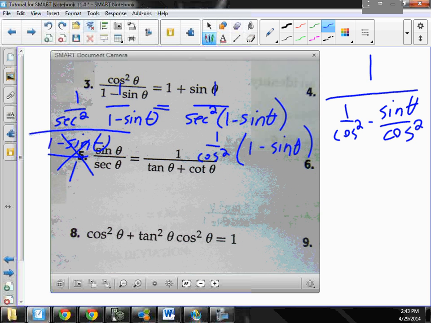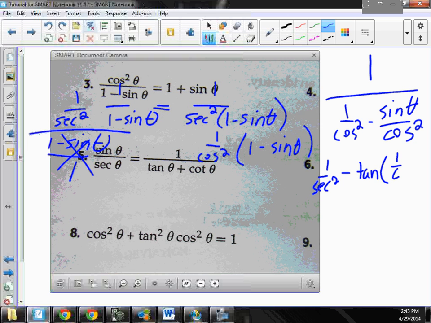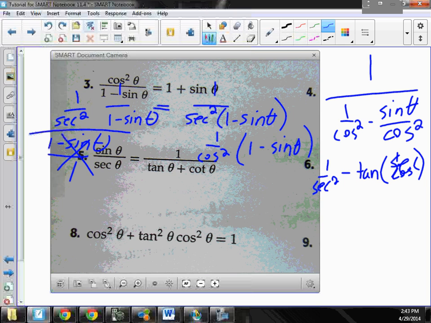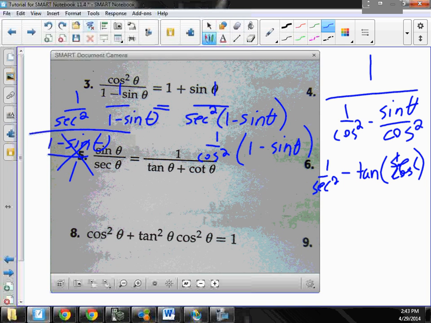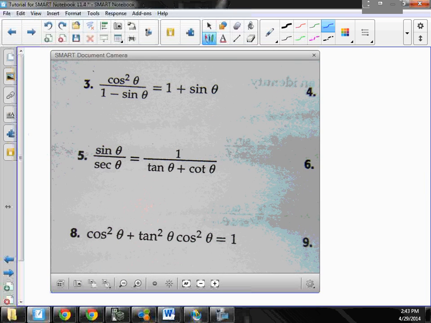So the bottom is 1 over secant squared minus, I have a tangent times a 1 over cosine, also known as a secant. And you can see that this is kind of a pain. I could follow that through and make it work, but I don't want to. If it starts to get too complicated, stop and try again. There's usually an easy way to do it.